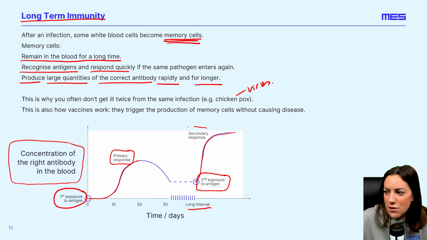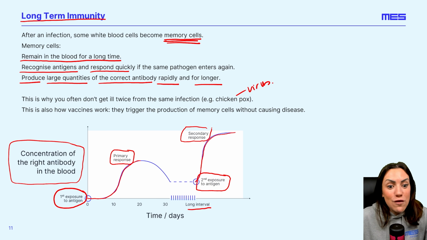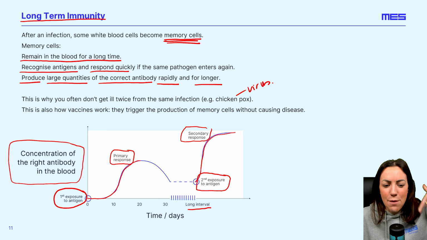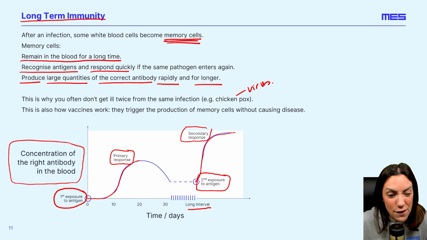That would be your second response, right? And this is because you've got memory cells that recognize the antigen and can quickly produce antibodies, and much more of them, much more rapidly. So hopefully you won't even know you're infected and you won't show any symptoms. You probably will not get the spots, the itchy chickenpox spots again.